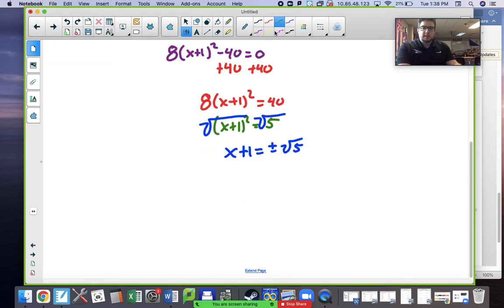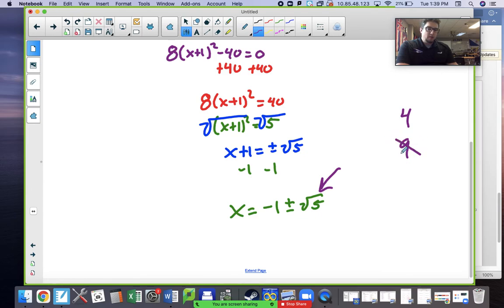The final step, subtract 1 from both sides. It is very important that it's negative 1 plus or minus the square root of 5. You don't write the 1 with the plus minus. The square root has the plus minus. Once again, we check to see if we can simplify this. Does 4 go into 5? No, and no need to check any of the rest of them because they're larger than 5. That is your simplified answer.